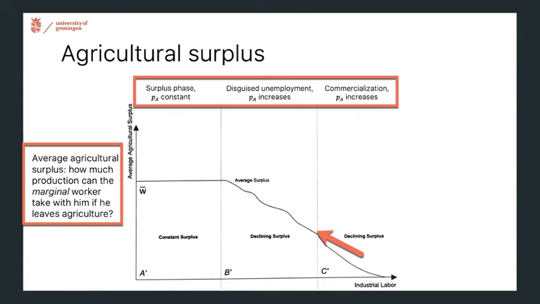In the second phase, when we see a decline in agricultural production, we also see a decline in the average surplus. So every worker that leaves also means a reduction in agricultural production. So there's no longer an average surplus of W bar available for this worker to sustain themselves in the city.